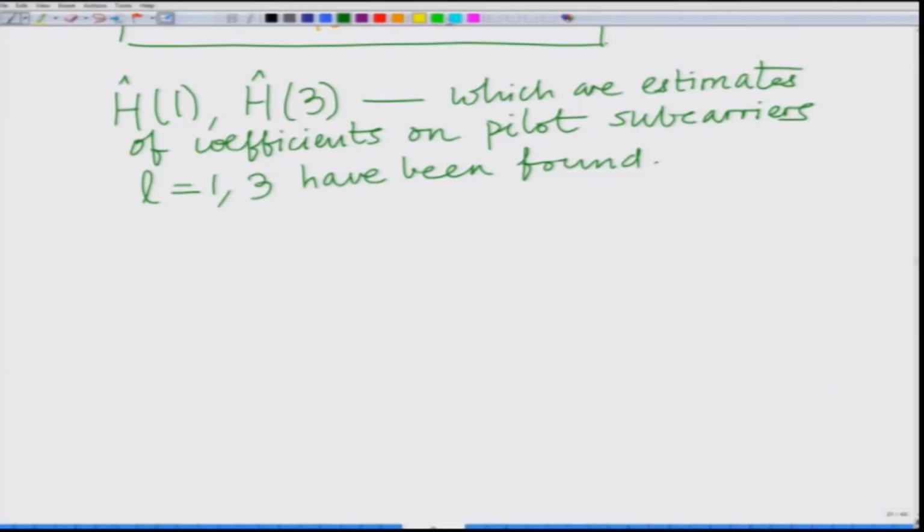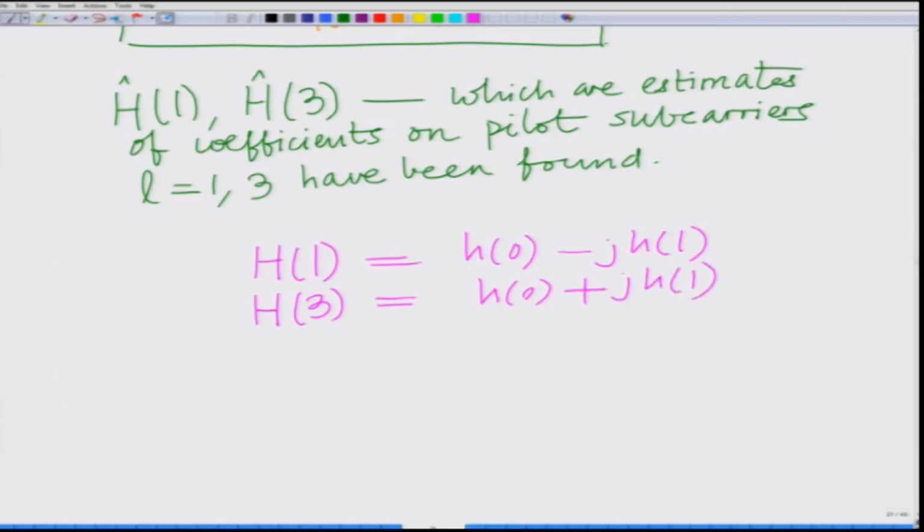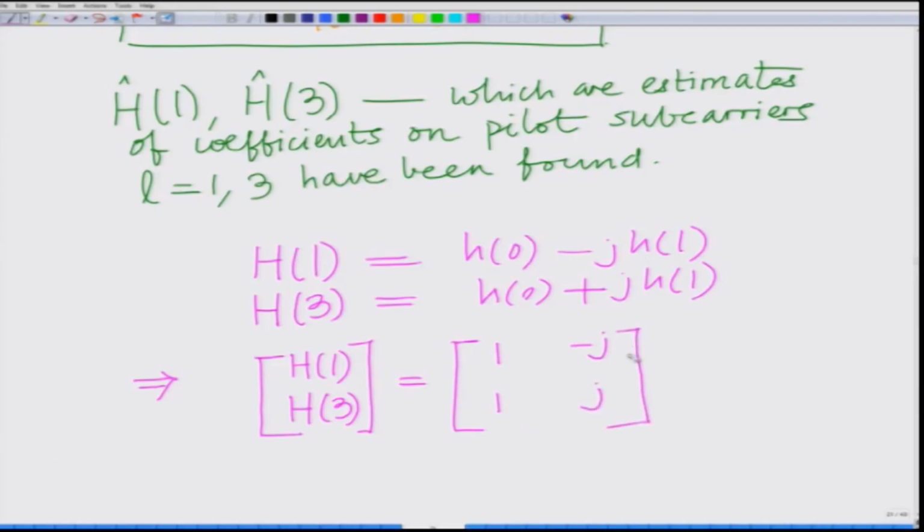Remember, we have H1 equals H0 minus j H1, and H3 equals H0 plus j H1, which implies, writing this using matrix notation, H1 H3 equals 1 minus j, 1 plus j, times H0 H1.